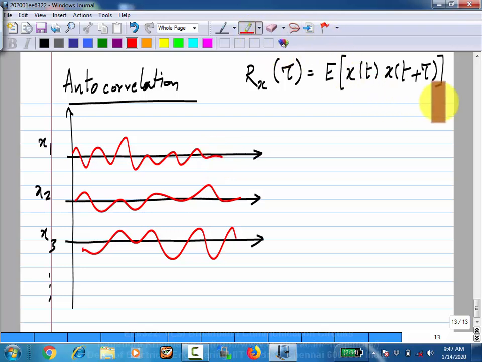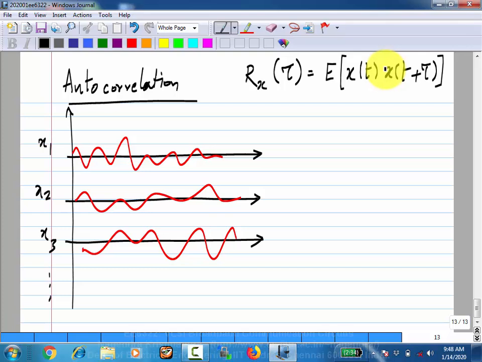Now again, this definition is quite easy to understand, and I think you are also familiar with autocorrelation of a deterministic process, right? It's the same definition that you have, isn't it? Have you heard of autocorrelation? What is the definition? Yeah.